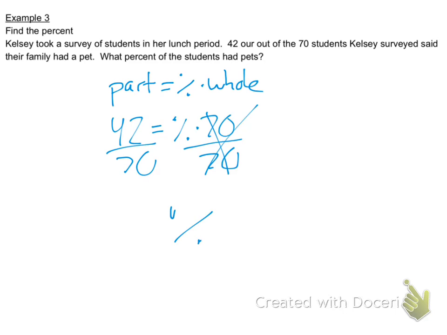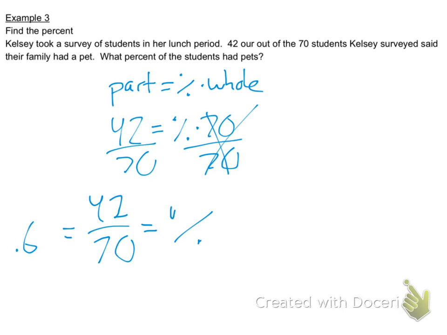So your percent is 42 out of 70. That's a fraction. That's not a percent. So maybe there's an advantage to using the ratio method, because it'll tell you exactly what it is when you're done. This one, I need to take that ratio and convert it to a decimal, which is what? 0.6.